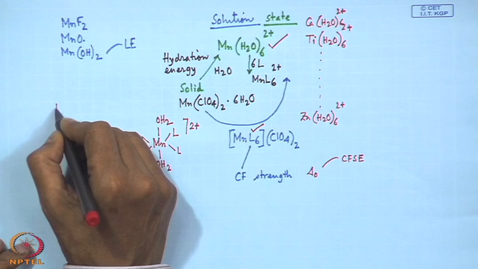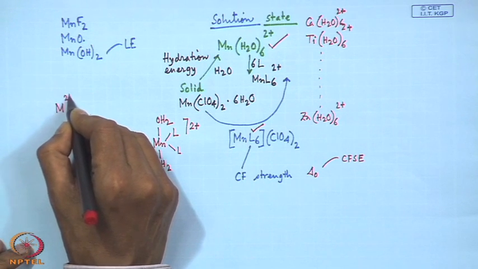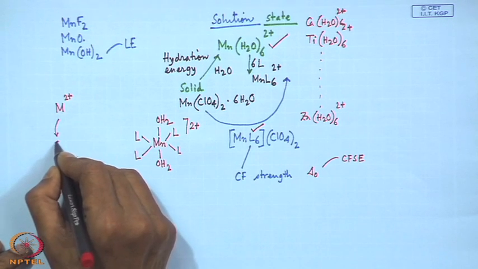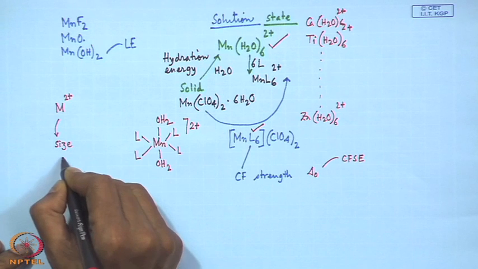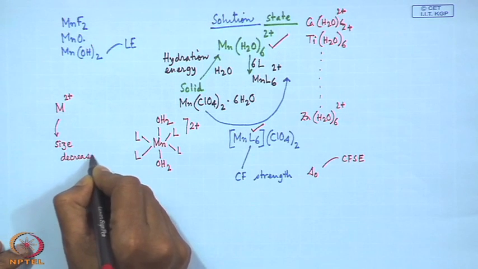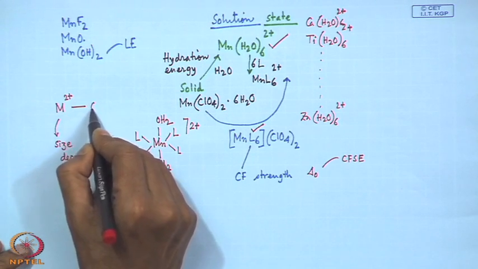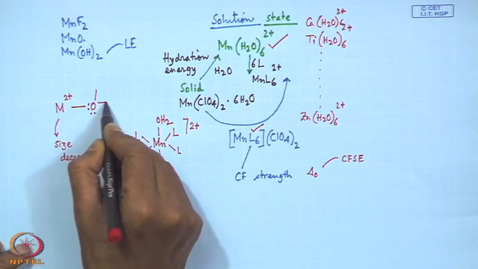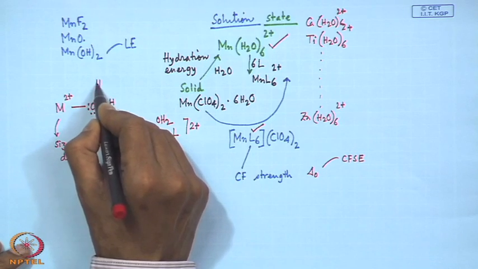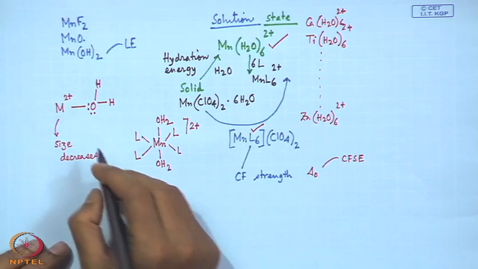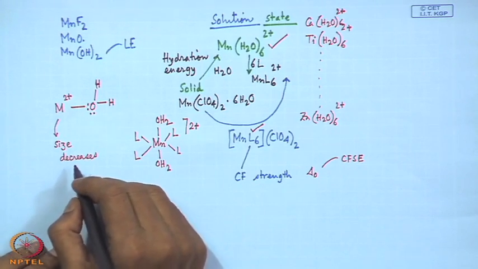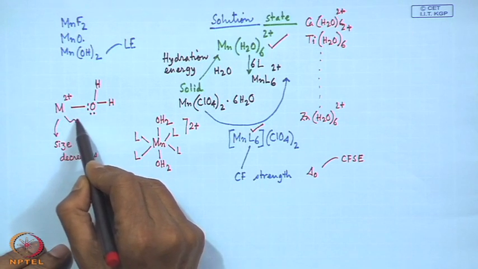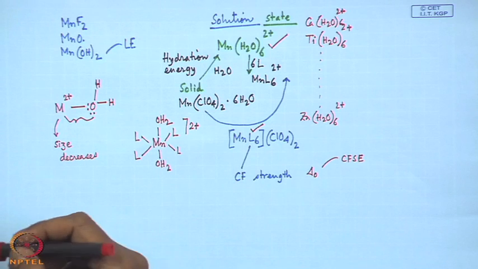So, as the size of M2+ decreases, the interaction with the lone pair of electrons on the water is increasing.